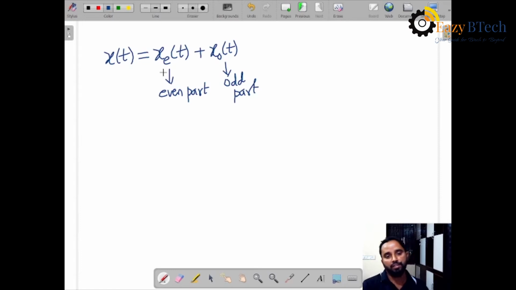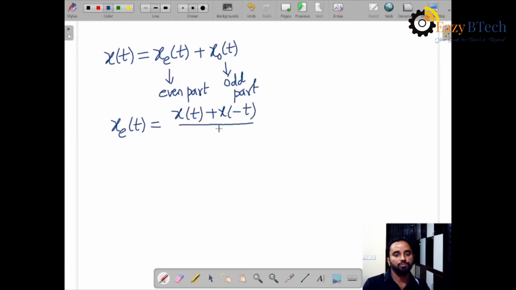Now how to get the even part and odd part of the signal? The even part of x of t is xe of t. To get the even part, do this: x of t plus x of minus t by 2. X of t is the signal, x of minus t is the folding or time reversal of x of t, and divide by 2. You get the even part.